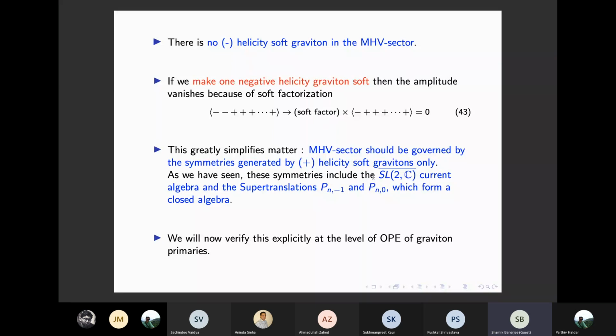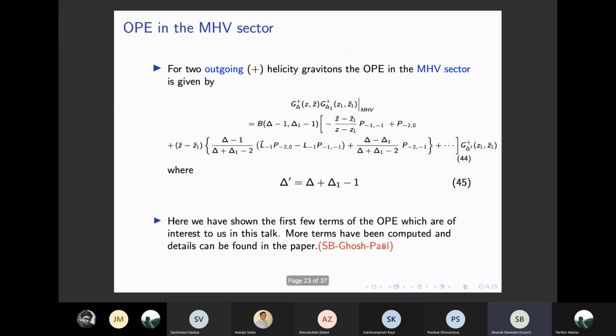And that is essentially the thing which is useful for getting the MHV amplitude. Now what we will do is verify this explicitly at the level of the OPE.